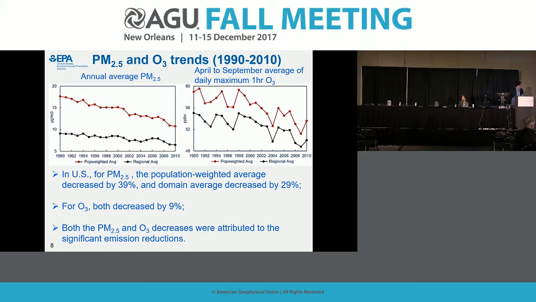We found that in the US, for PM2.5, the population-weighted average decreased by 39% and the domain average decreased by 29%. For ozone, it decreased by 9% for both metrics. We concluded that both PM and ozone decreases were attributed to significant emission reductions.